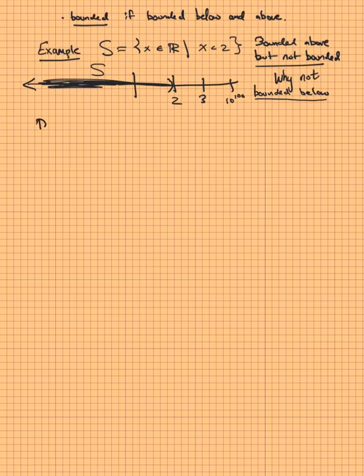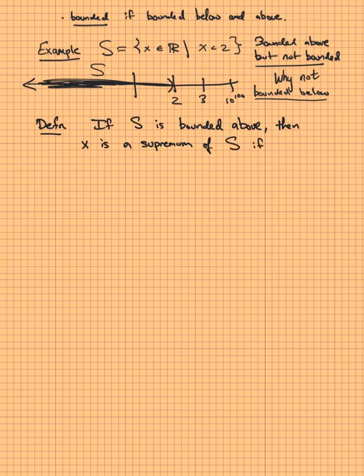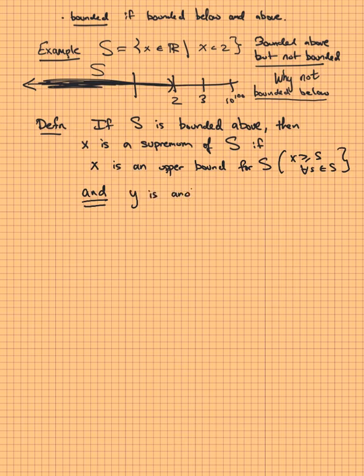Here is another key definition. If S is bounded above, then x is a supremum of S if x is an upper bound for S. That means just that x is bigger than or equal to s for all s in S. And this is the crucial point: if y is another upper bound, then x is less than or equal to y.